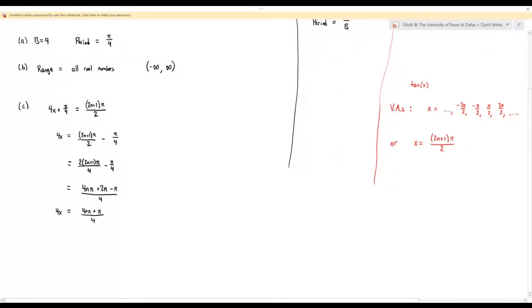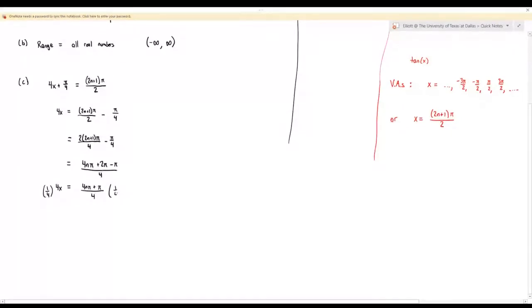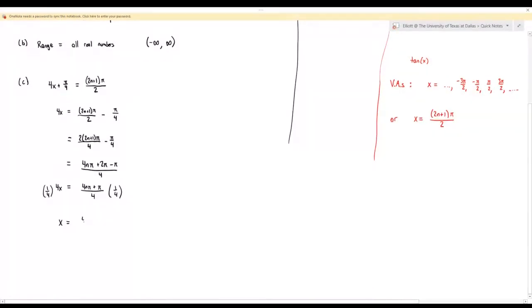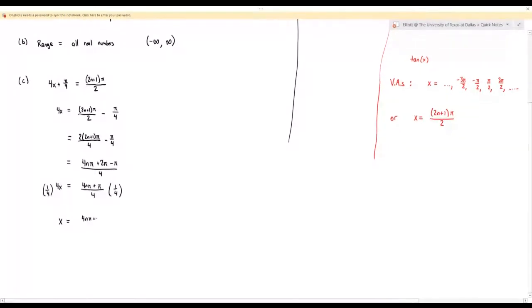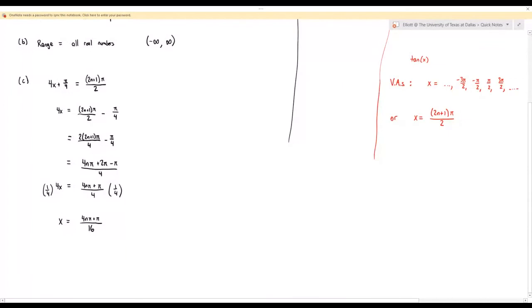Okay. And so if I want to solve for x, I would then divide both sides by 4, or I could multiply both sides by 1 over 4. That cancels these 4's out and leaves you with x equals, and then on this side, I'm just going to multiply this 4 into the denominator to get 16.